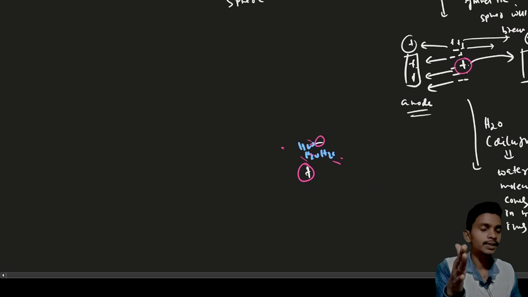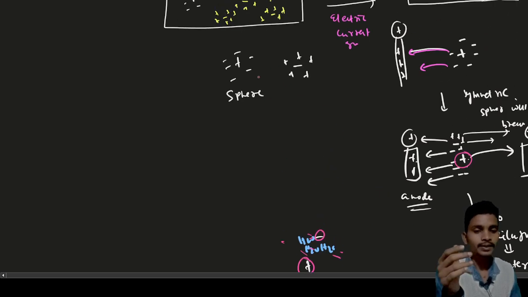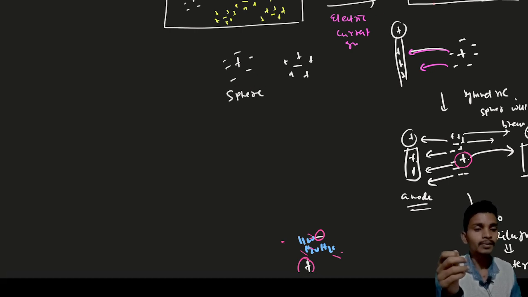So what do we mean by the asymmetric effect? Previously, whenever no electric charge is given, the spherical sphere was there, and whenever we give the electric charge, the spherical sphere breaks and becomes an asymmetric sphere.